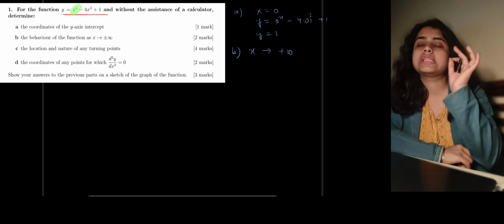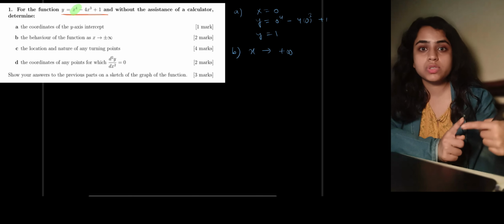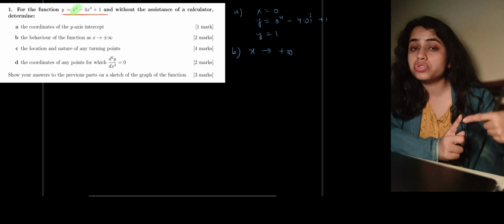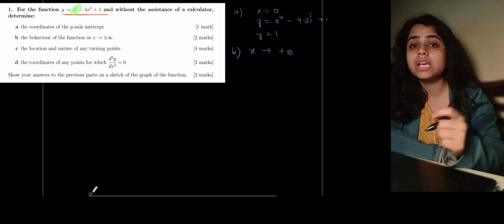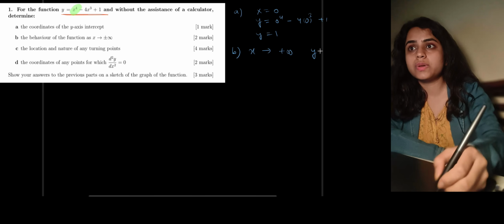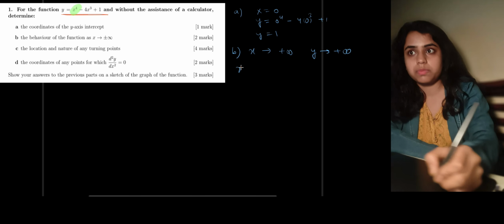If you sub in a huge positive number, x to the power of 4 is going to be a huge positive number, so y tends towards a huge positive number.